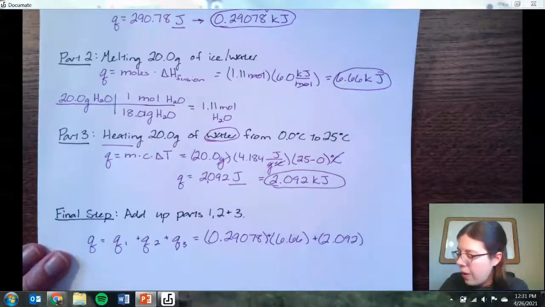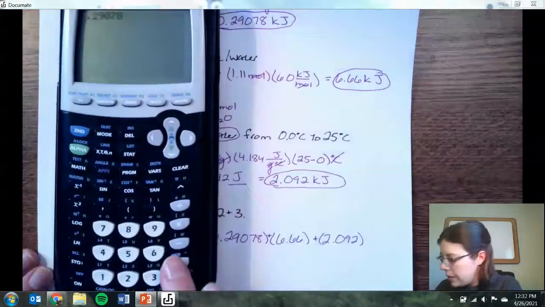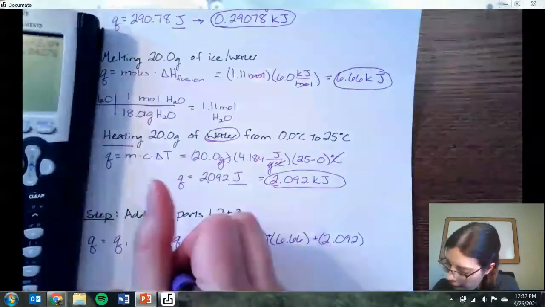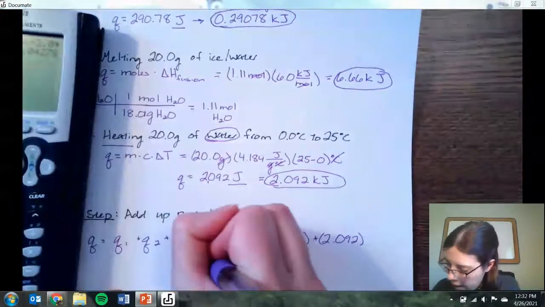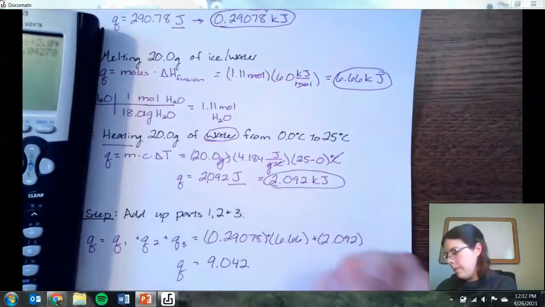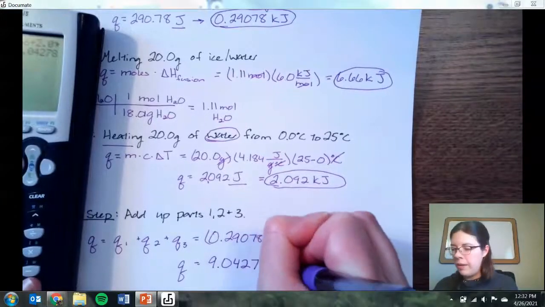Okay, so if we add all of those together, 0.29078 plus 6.66 plus 2.092, we get out a value of 9.042, and so on, kilojoules. But now I want to think about sig figs.